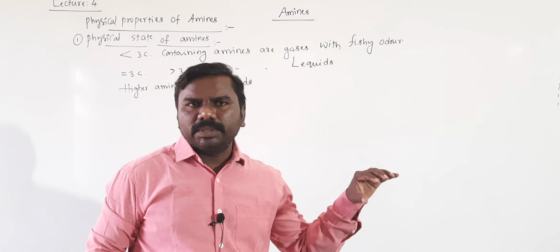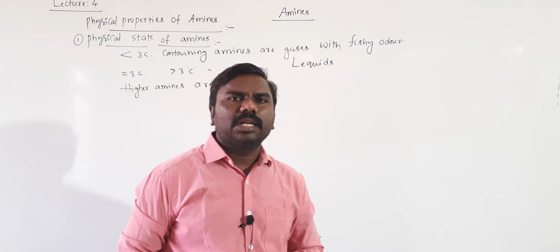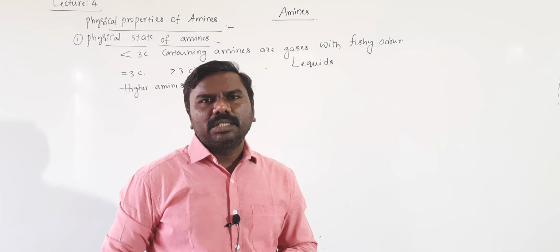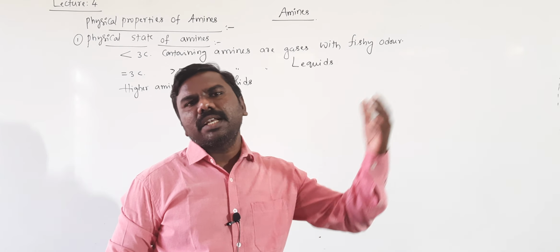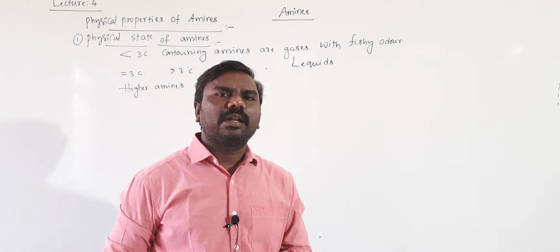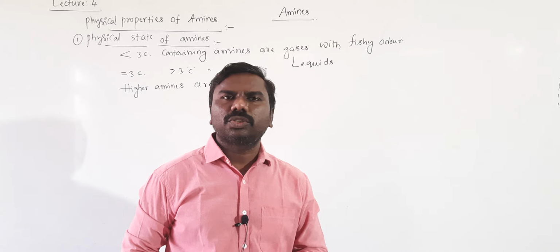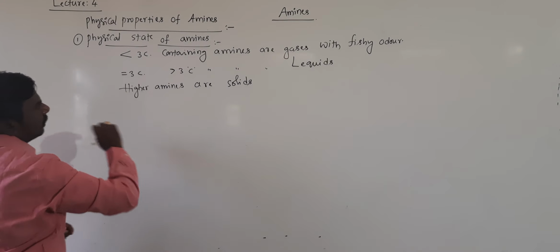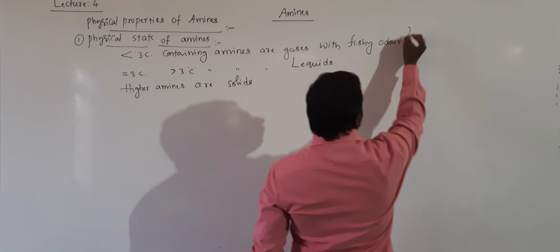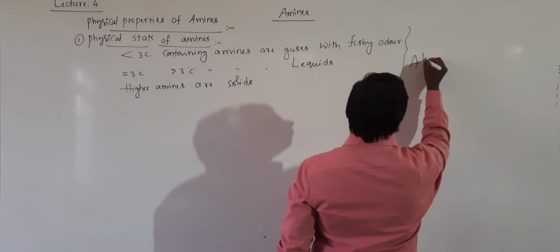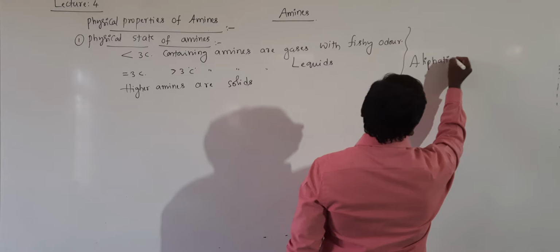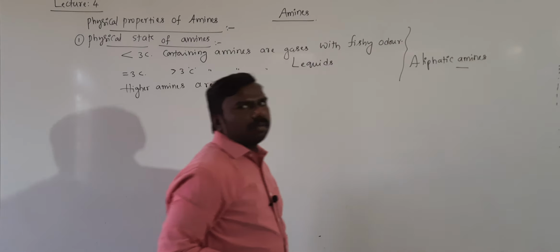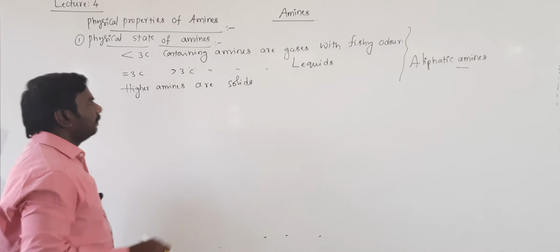So lower carbons are gas. Moderate, 3, 4, 5 carbons, liquids. If more than 6, 7, 8 carbons are there, obviously it becomes a solid. Now these are all for aliphatic amines.